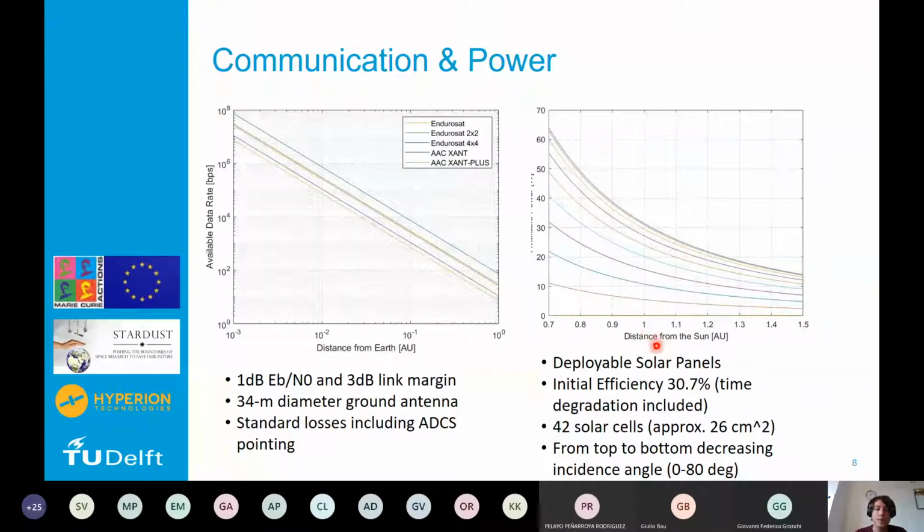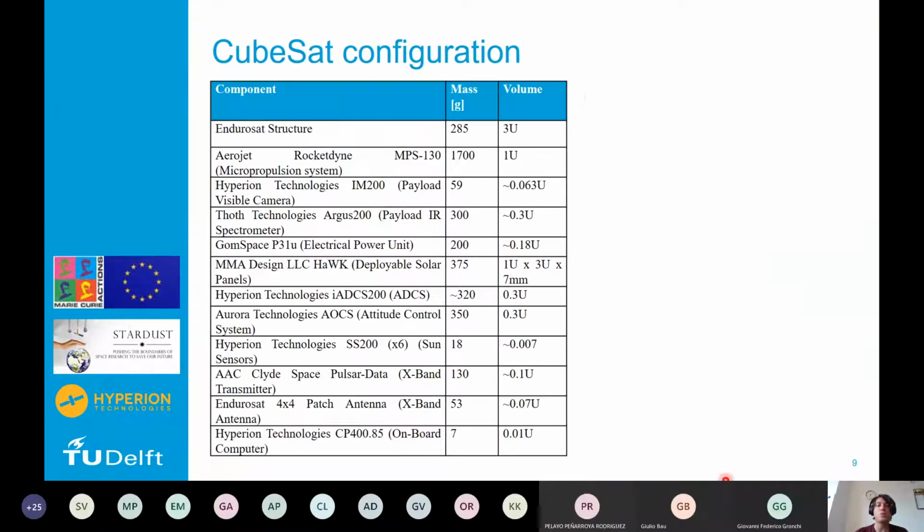And you can see, for example, that at 1 astronomical unit from the Sun, which is a fair distance for near-Earth asteroid operation, most likely we will be able to deliver to the spacecraft, to the CubeSat, slightly more than 30 watts.